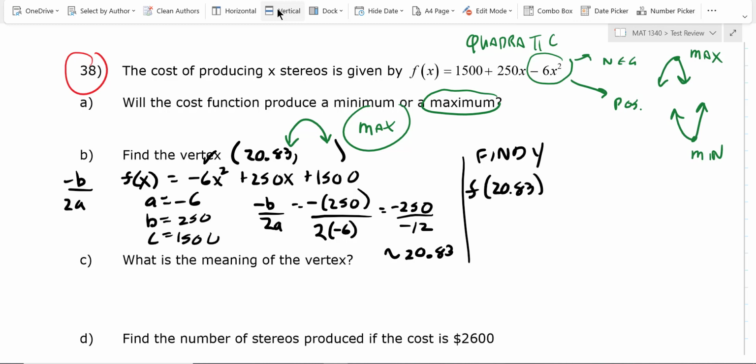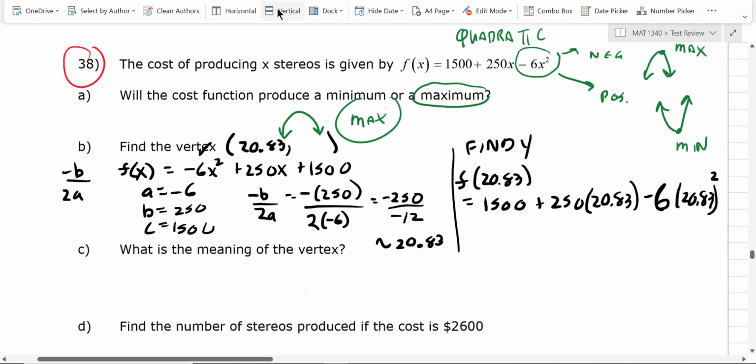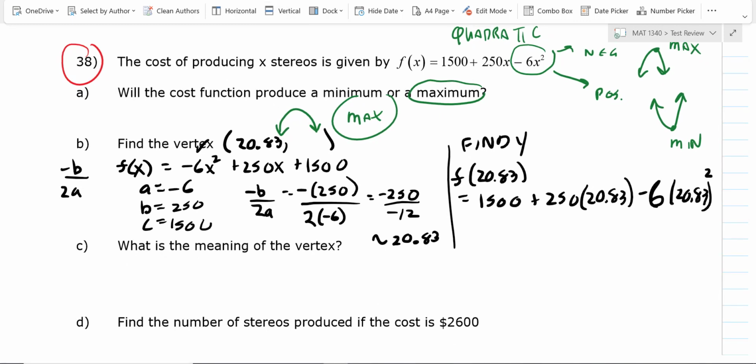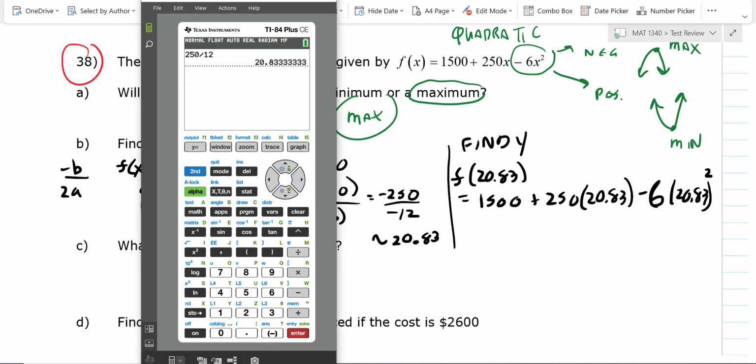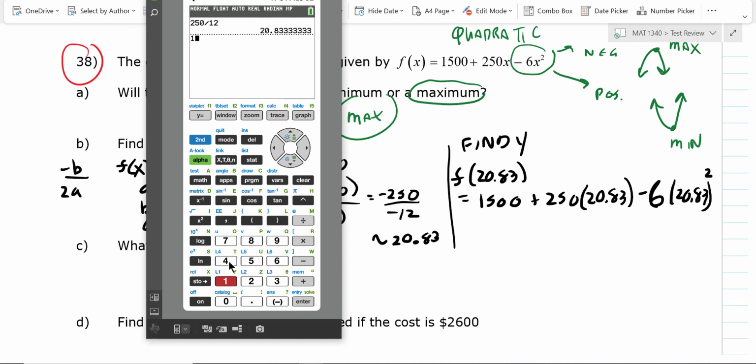So I just plug 20.83 into the function. Okay, you can do this totally on your calculator. You go back to the original problem and do 1500 plus 250 times 20.83 minus 6 times 20.83 squared, like that. And then you just do that on your calculator. You don't have to write any of the steps of your arithmetic. You can just put it in.